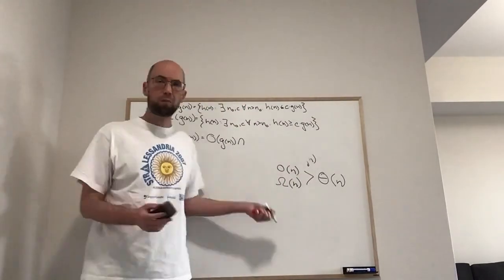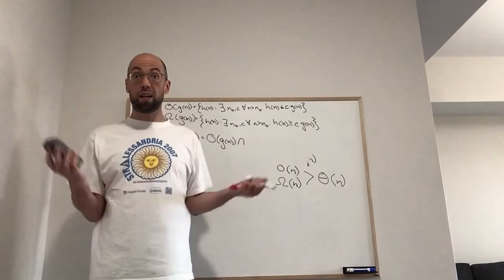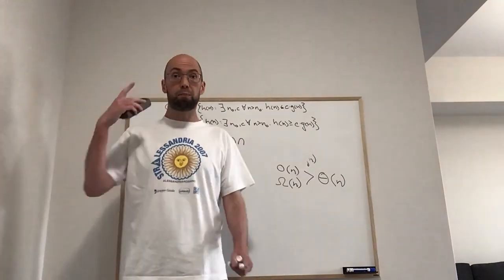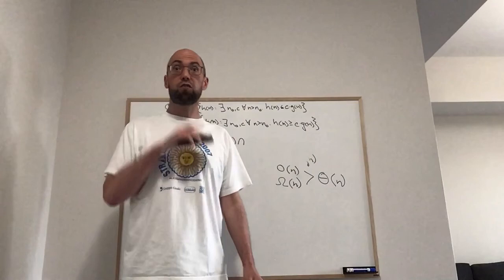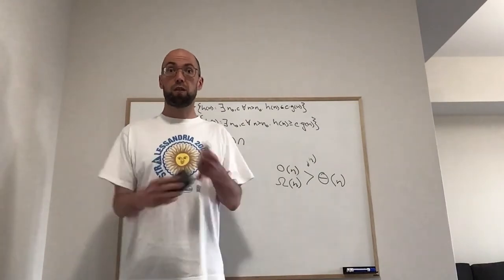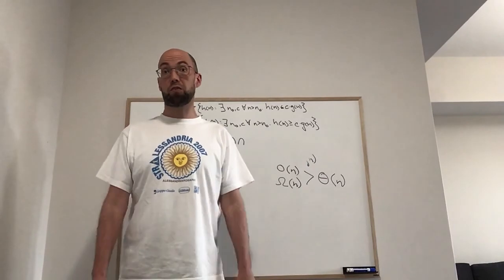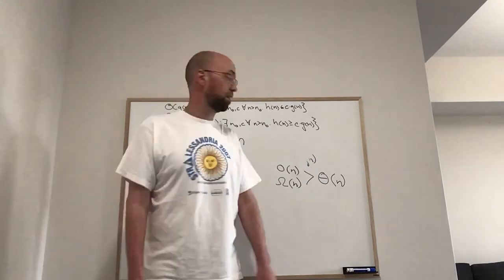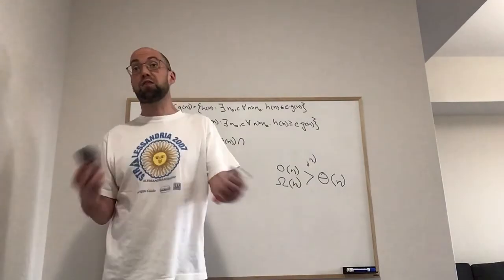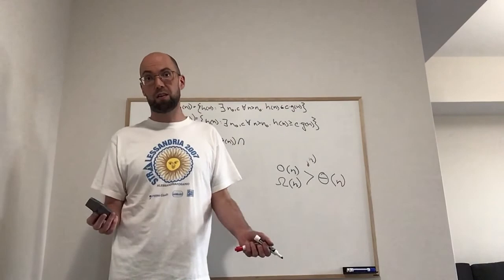And notice I was using omega and I was talking about worst case, because in the best case, any algorithm like that, I give it the matrix, the best case for the algorithm is it looks and it finds what it's looking for and it says yes, in constant time. Is that an interesting thing to talk about? No. Sometimes, for some problems, maybe the best case is an interesting thing to analyze.